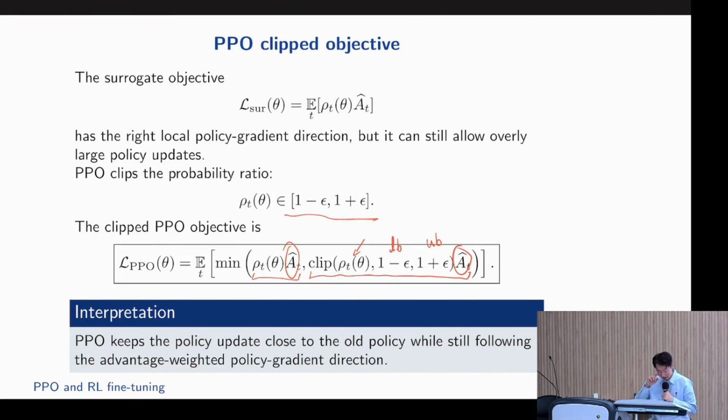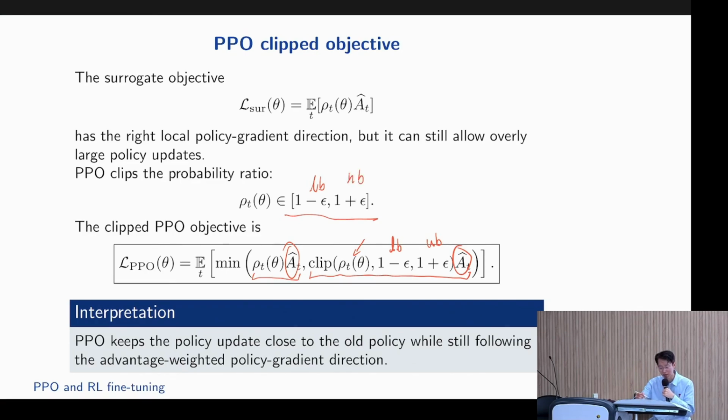If you have probability divided by probability, you can expect it to not work in practice. You are always going to have numerical issues. So what they did in PPO is to introduce clipping. For this probability ratio, if it's less than 1 minus epsilon, it's going to get clipped to 1 minus epsilon.